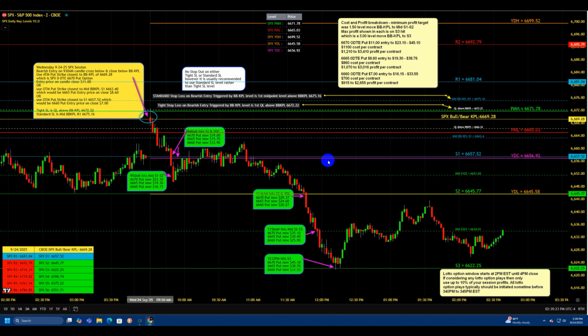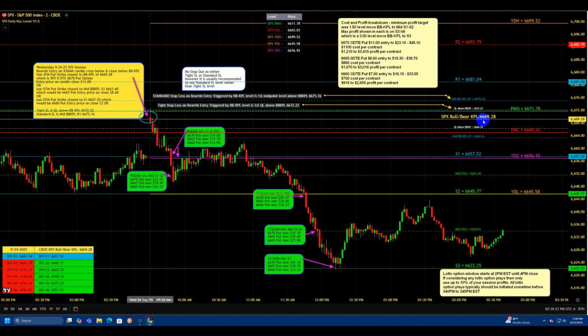Okay, so the way that this indicator works is that at 9:30 a.m. Eastern New York time, each trading day the SPX is open, you will get the levels on your chart for the CBOE SPX index. The most important level of the session is the SPX Bull Bear KPL, which stands for key price level.